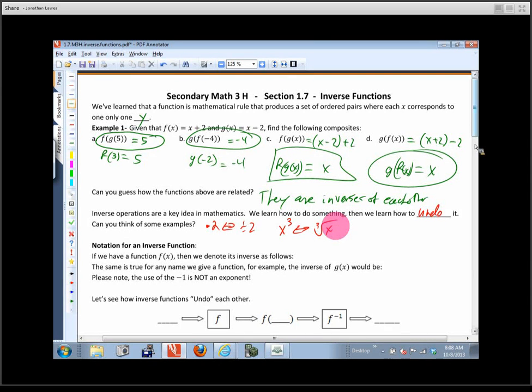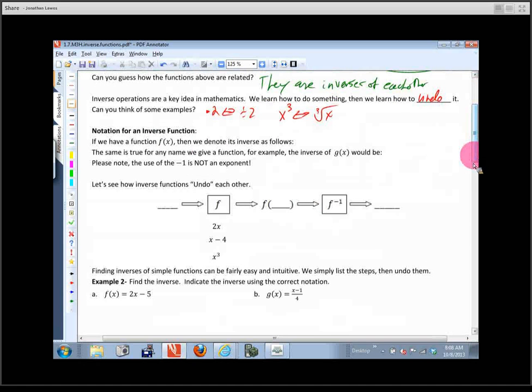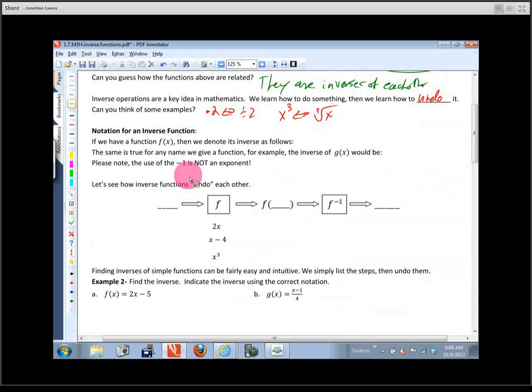And you may be familiar with this type of notation, maybe not, but it's the notation that we use for a function. So say we're given the function f. The way we indicate that we're dealing with the inverse of that, or the function that will undo whatever f does, is we use this type of notation right here. Now that's not f to the -1. That means f inverse.